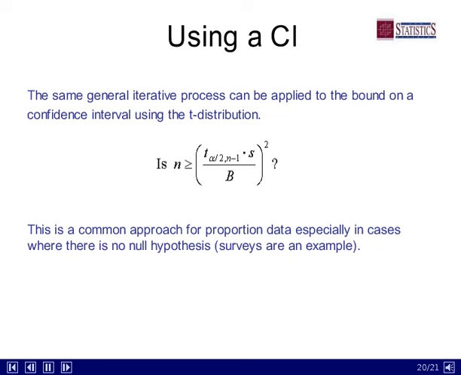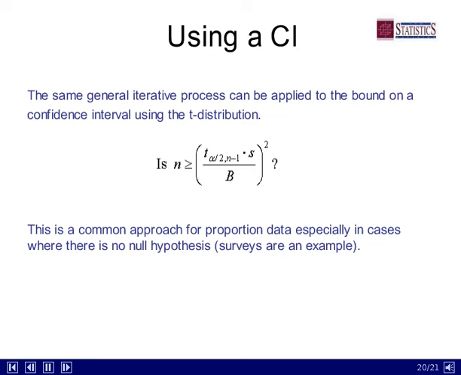This is the common approach for proportion data, this confidence interval approach. It's common for proportion data in cases where there's no hypothesis, especially true in surveys. Because in surveys, we don't have targets for things. We're just asking questions, and then we want our estimates of the true proportion within a bound. You'll see this written in papers or journals or newspapers where they'll say the margin of error is plus or minus a certain percent.